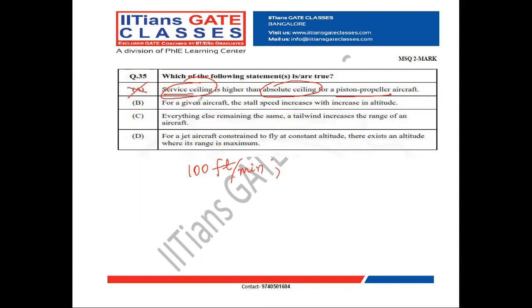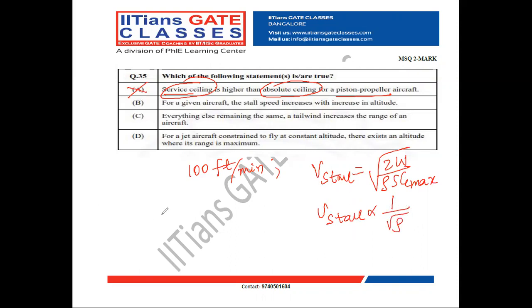Second statement, for a given aircraft, stall speed increases with an increase in altitude. First, what is stall speed? V stall is the square root of 2W by rho S CL max. V stall is inversely proportional to the square root of density.